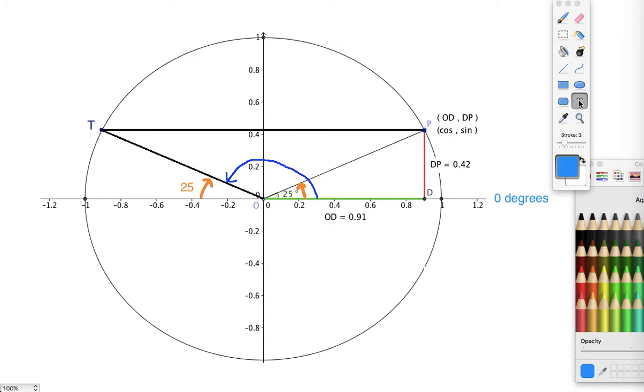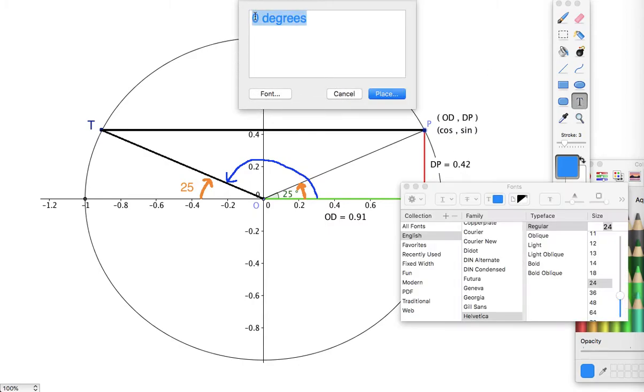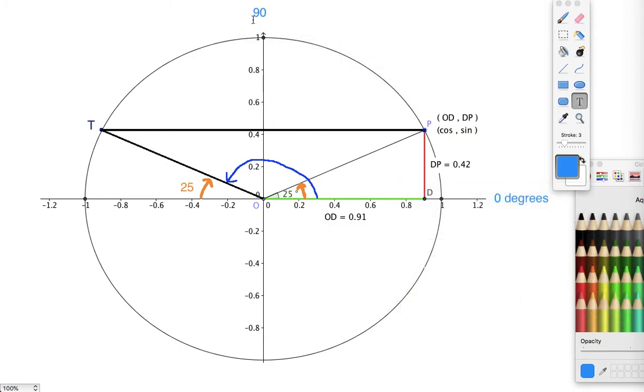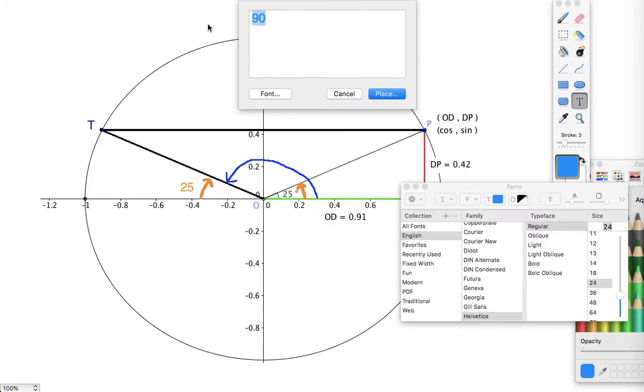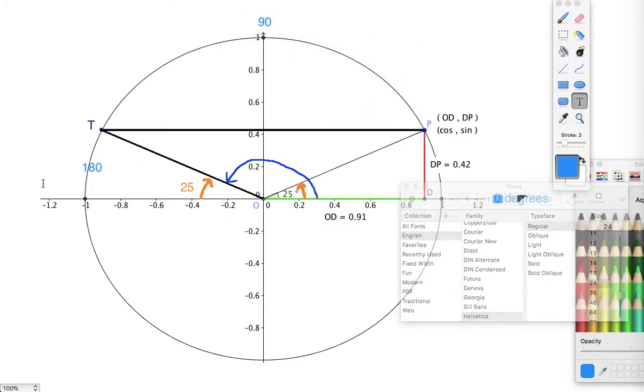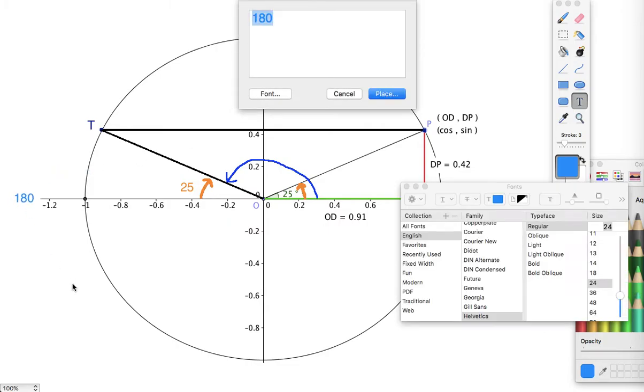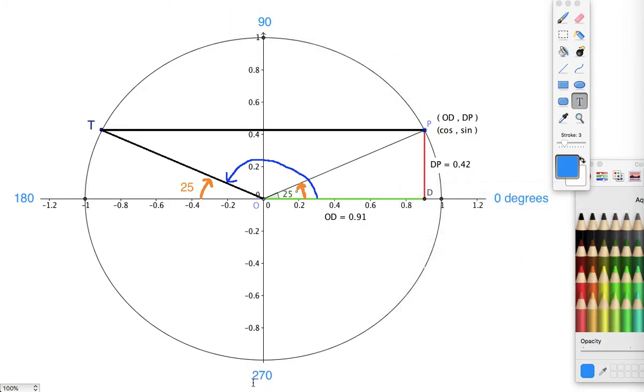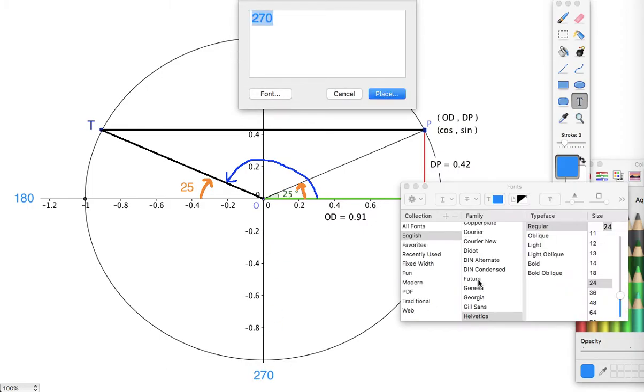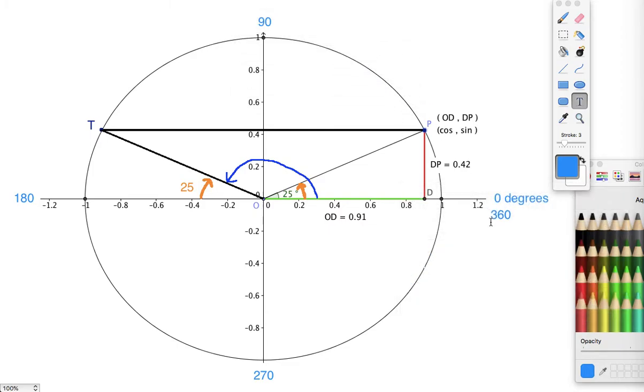Up here, this vertical line, is 90 degrees. 180 is here on the left. Down here is 270. So basically every 90 degrees is like a right angle. And if we went all the way to 360, it would be here again. So 0 degrees and 360 degrees are at the exact same place.